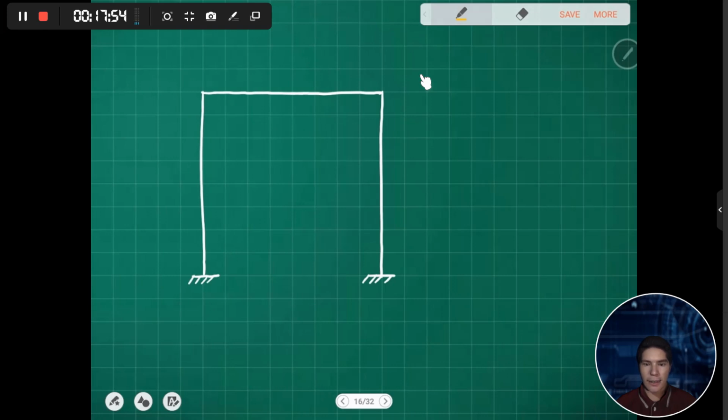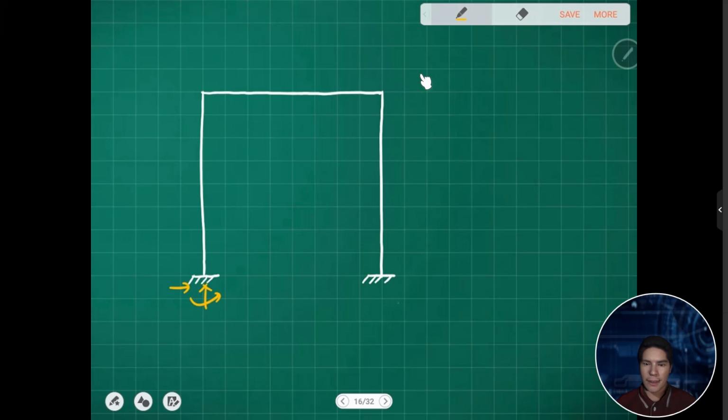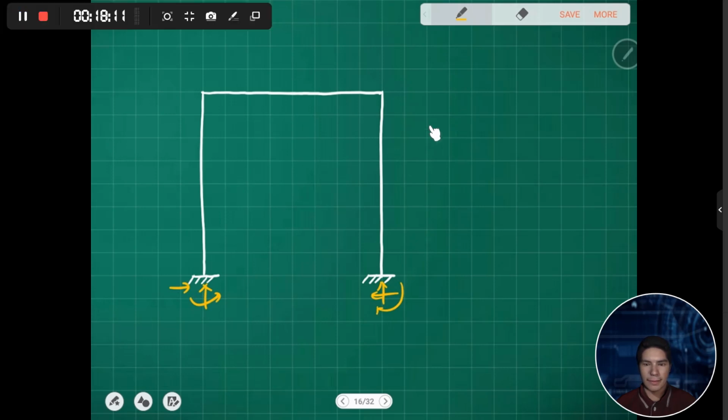Okay, so another example is, again, we have frames. We have reactions for fixed supports. So we count the number of reactions.